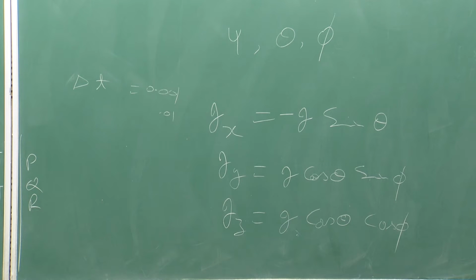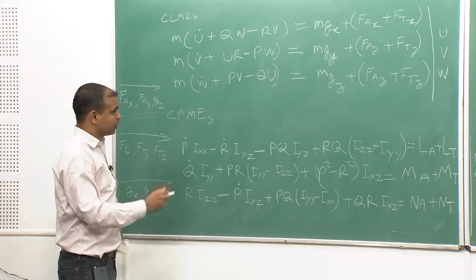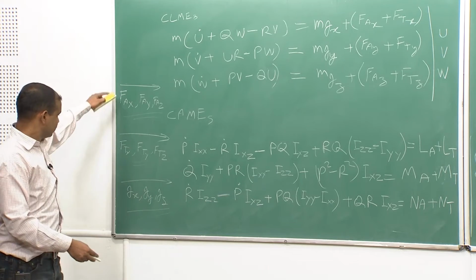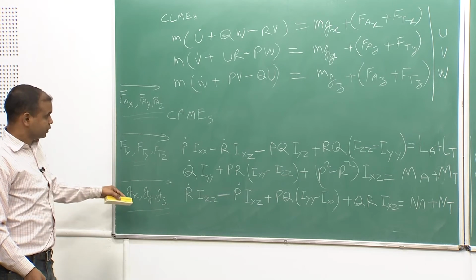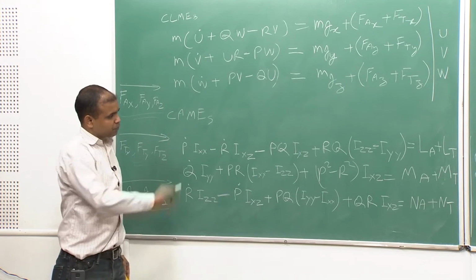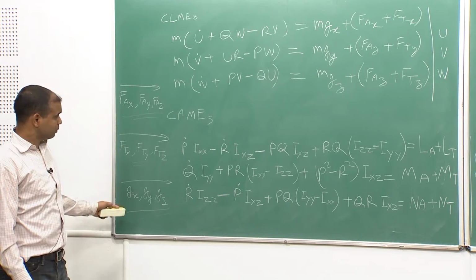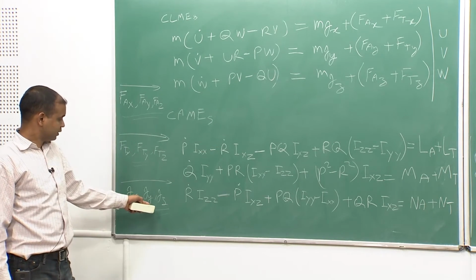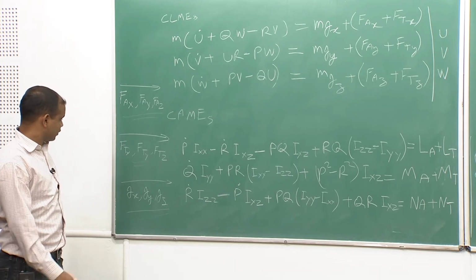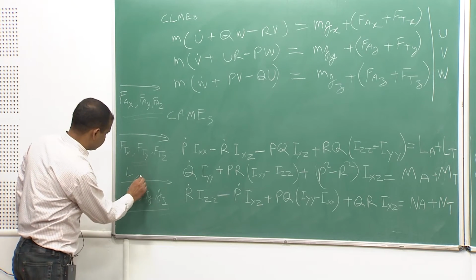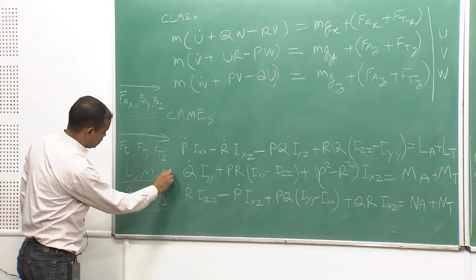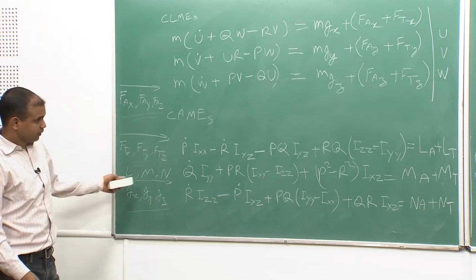Once you solve it for a delta t time, you will get the new values of these UVW and PQR, and of course you will get L, M, N also, these new moment values.